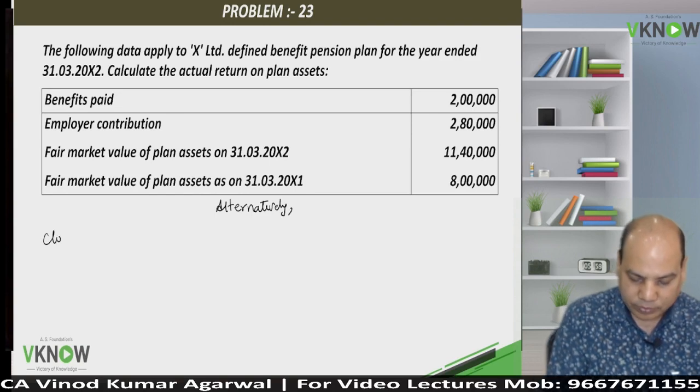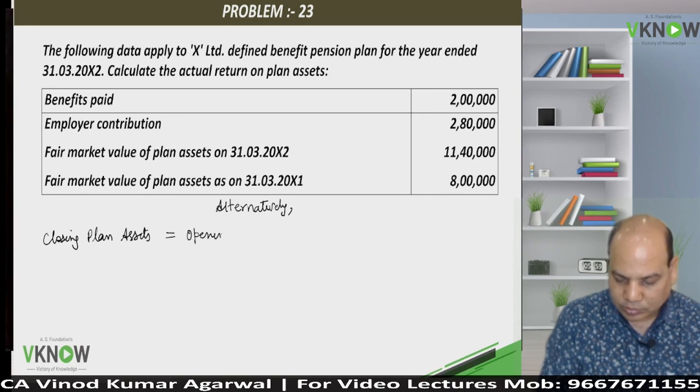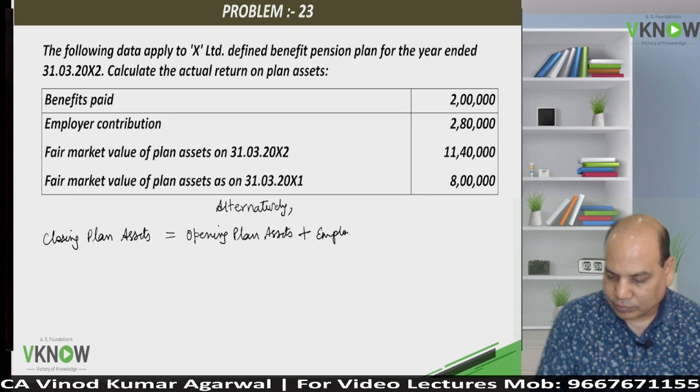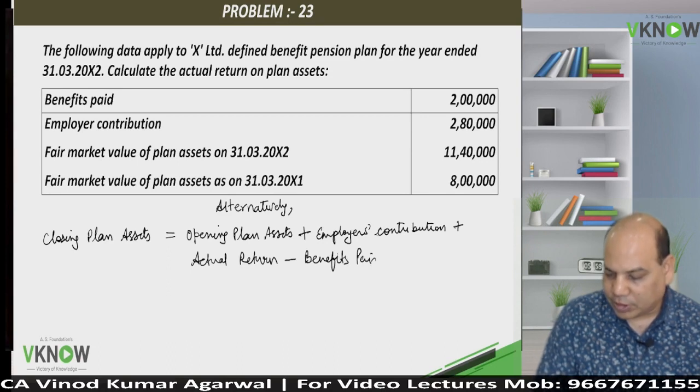Alternatively, closing plan asset is equal to opening plan asset plus employer's contribution plus actual return minus benefits paid.